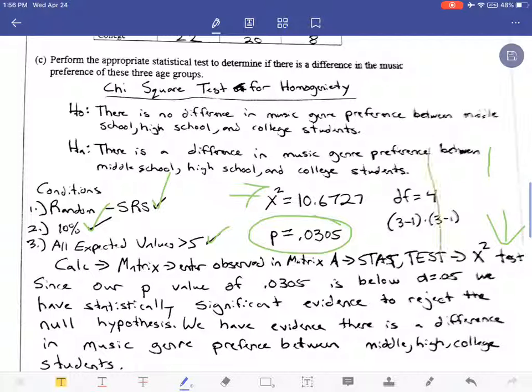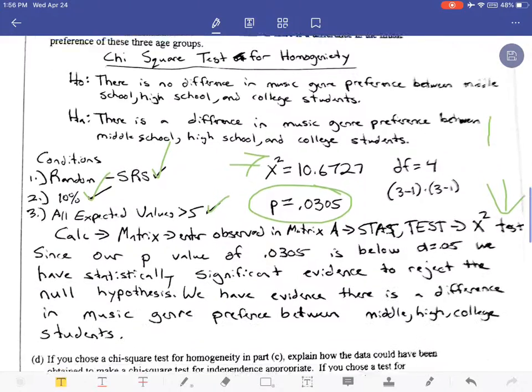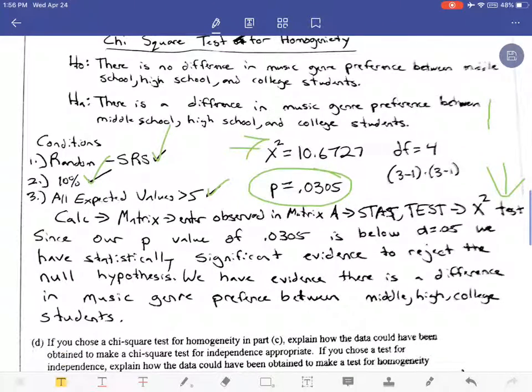I put it up here on the sheet, I believe. All the way up here. It's the number of rows minus 1 times the number of columns minus 1. So we have the number of rows, 3 minus 1, which is 2, times the number of columns minus 1, which is 2. So 2 times 2 is 4, and that is going to be your degrees of freedom. But you just know how to put it in your calculator. It's going to calculate it for you.